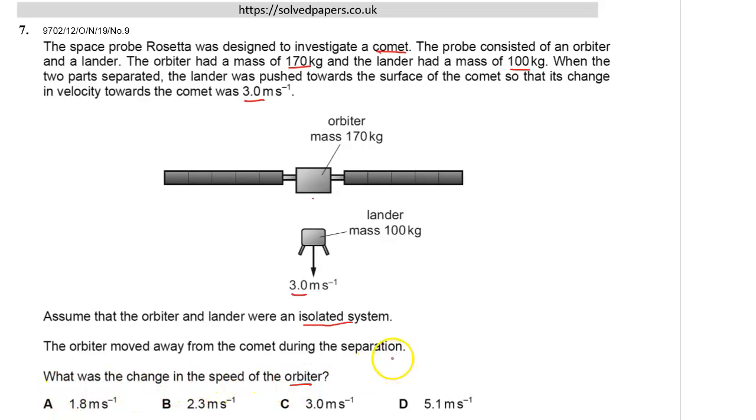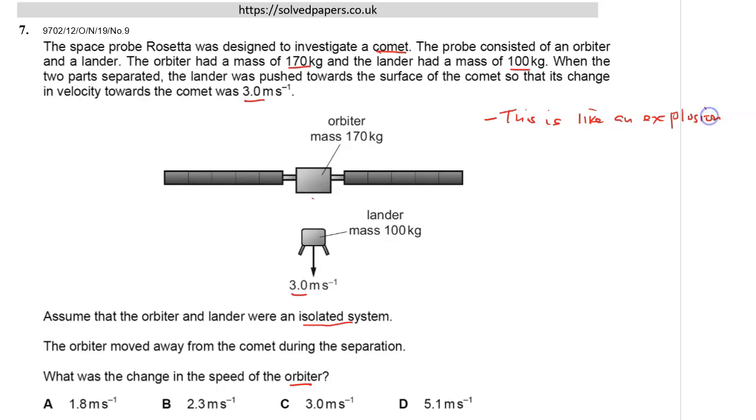Of course, for you to solve this question, view it as an explosion. This is like an explosion.